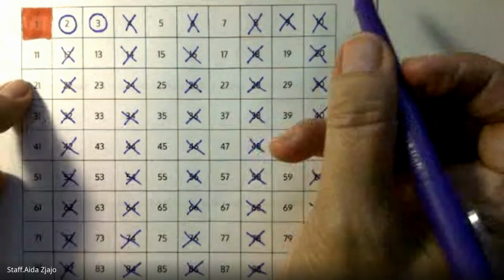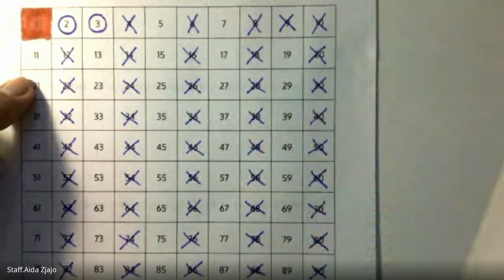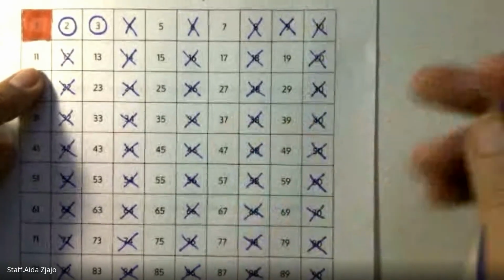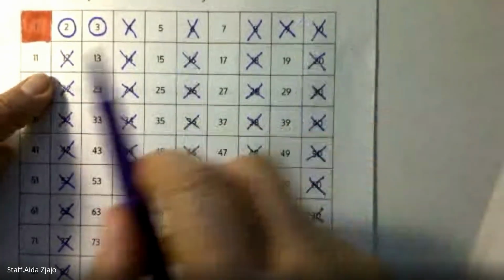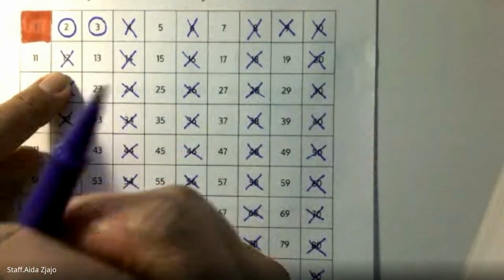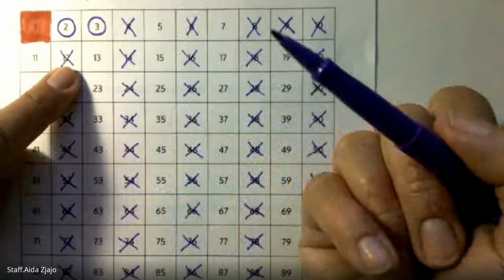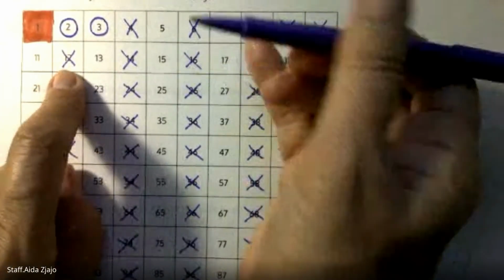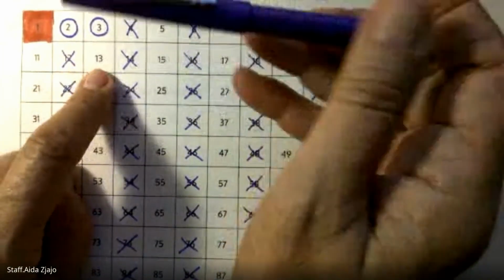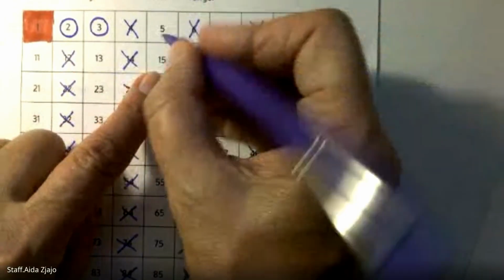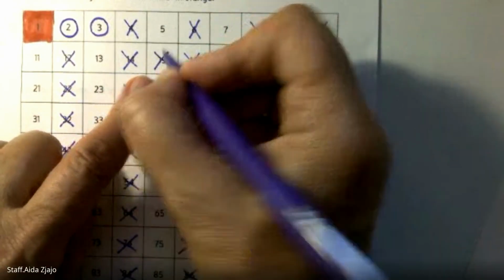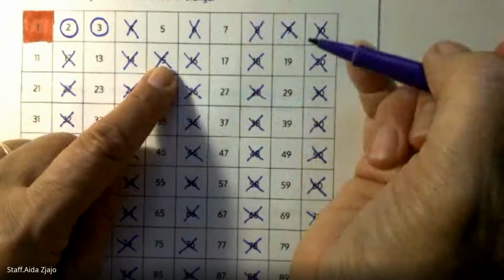Then if we add 3 each time, 9 and 3 is 12, and 12 and 3 is 15, because 3 times 5 is 15.